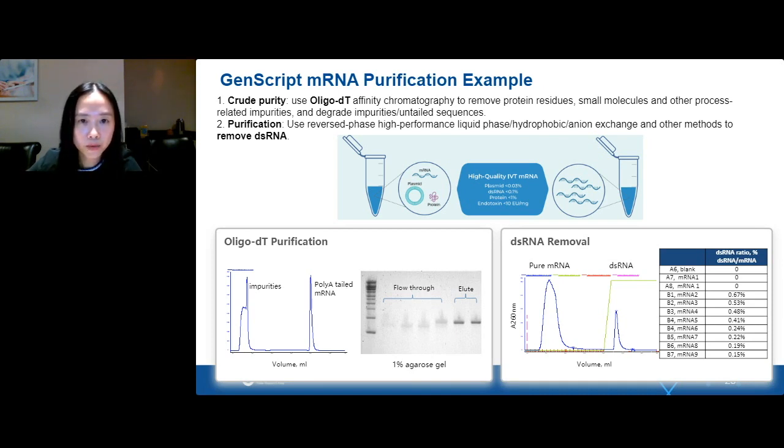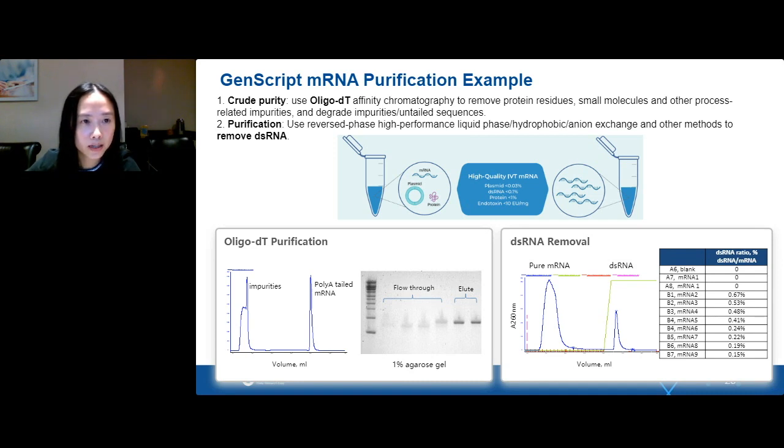And if plasmid impurity is involved, it has the potential to cause cancer. So we have to purify it. And in GenScript, we have two ways. First, we offer crude purification. We use oligo-dT to remove all those residues I mentioned.